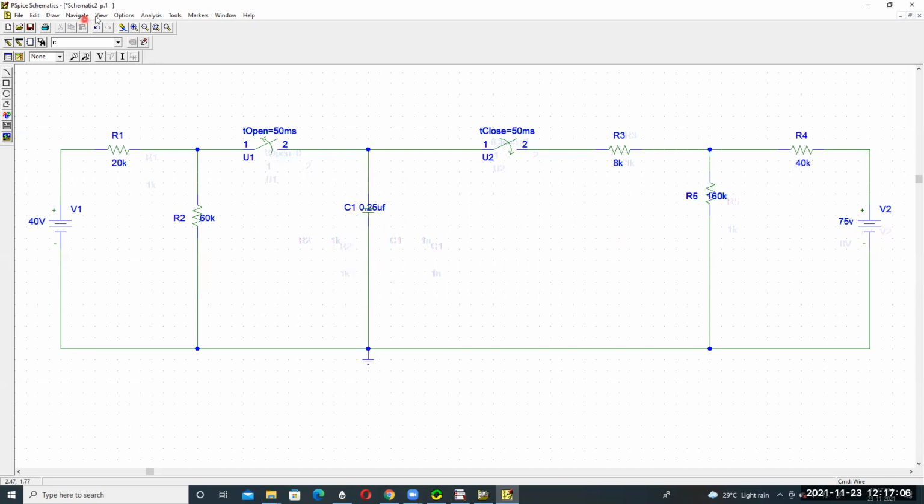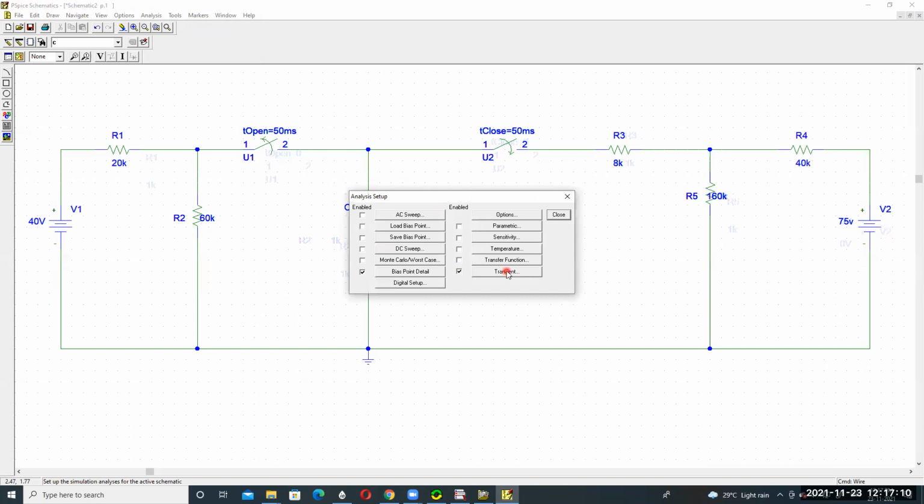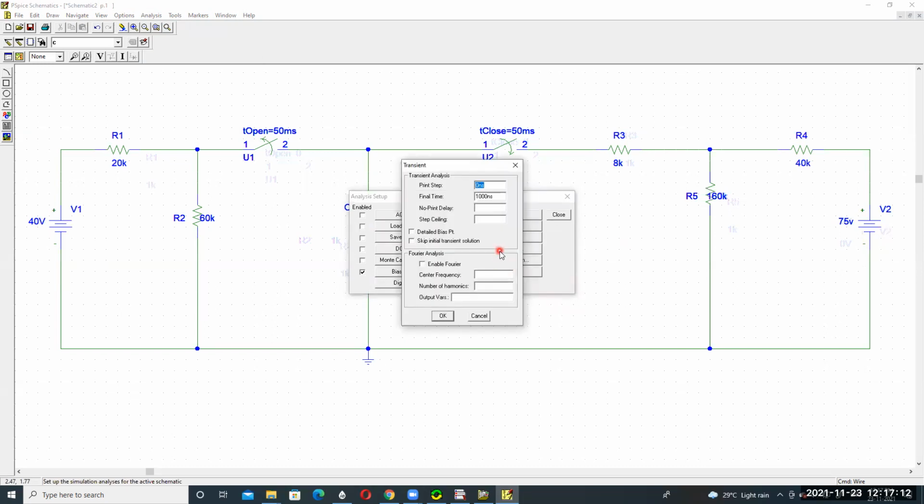Then analysis, setup, transient. Our switch is open at 50 milliseconds, so the final time should be greater than 50 milliseconds.